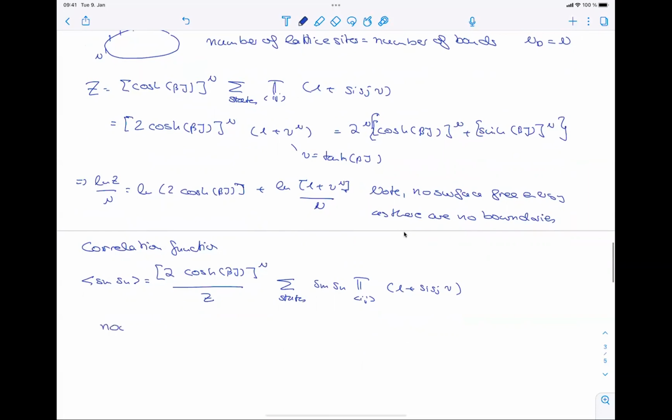And so now there are two paths between m and n, of length m minus n and N minus (m minus n).